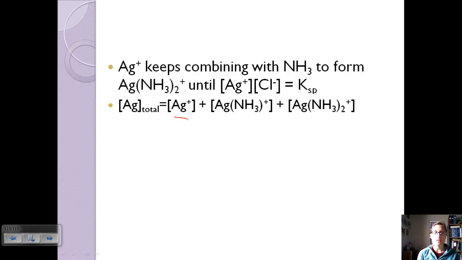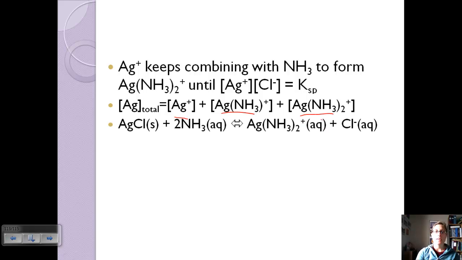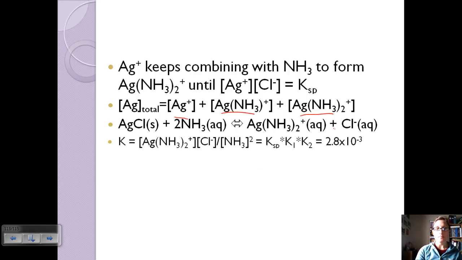You could take the silver plus the silver with 1 complex ion plus the silver with 2 complex ions. And so we get silver chloride, this is our solid, right? This is what is insoluble, with some ammonia, and then we're basically splitting up the silver and the chlorine. Here the silver is bonded with the ammonia, but it's aqueous, so we could get our silver ion, and here we have the chlorine ion on its own.